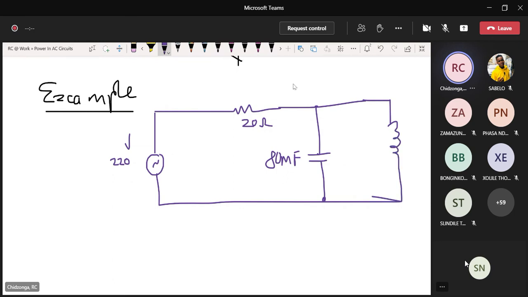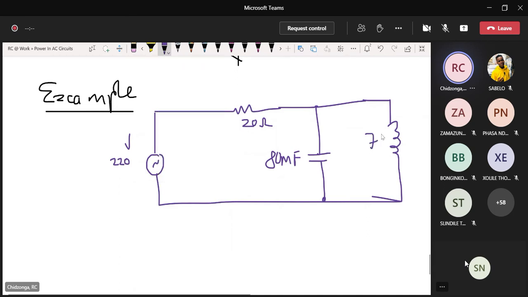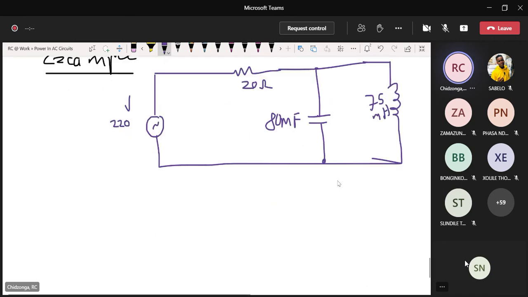The inductor, I'm going to give it a value of 75 millihenry. Remember the frequency is always the same, unless I tell you otherwise. We're using our frequency here.